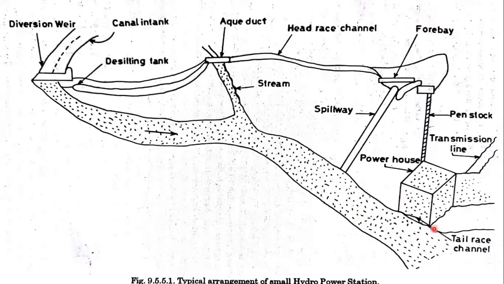Next, if you have any need for a surge tank, we have to take it. Next one is penstock. And next one is powerhouse, this one. Here power will be generated.